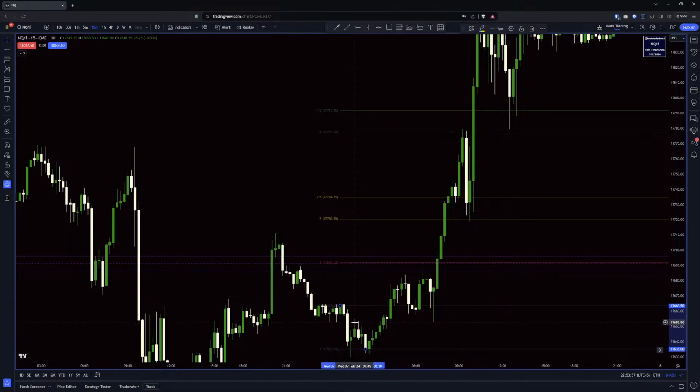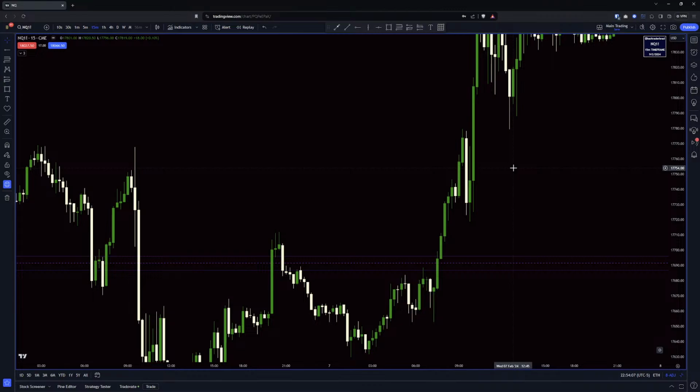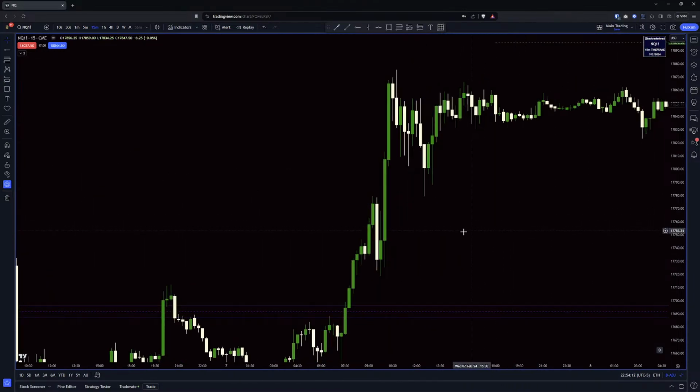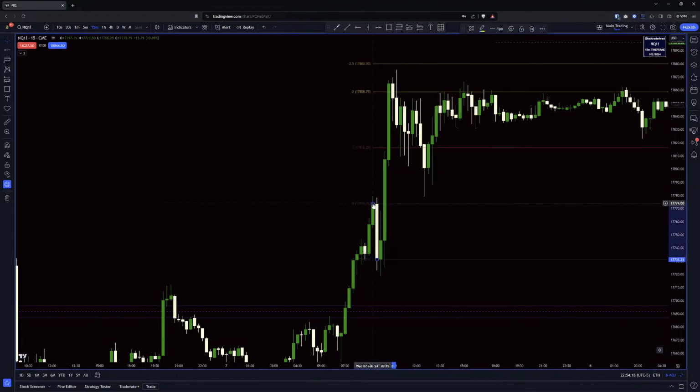We have an early manipulation. London starts the move and a continuation. And then we would say this is over. And we'd measure the final move from the manipulation of New York Open. That works, you know. We have New York Open, manipulation.